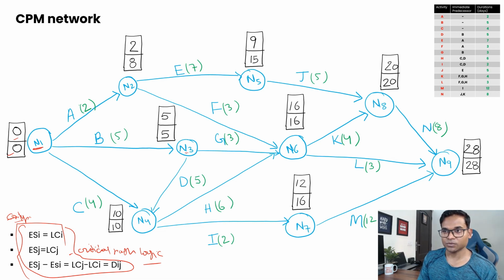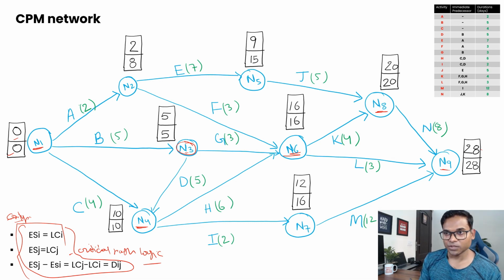But if you see node n3, 5 and 5, both are equal, it means this is going to be part of your critical network. Then you have n4, same condition, 10. Then for n6, 16, 16, n8, 20, 20, and then n9. Of course, this is the last node, so that is 28, 28.